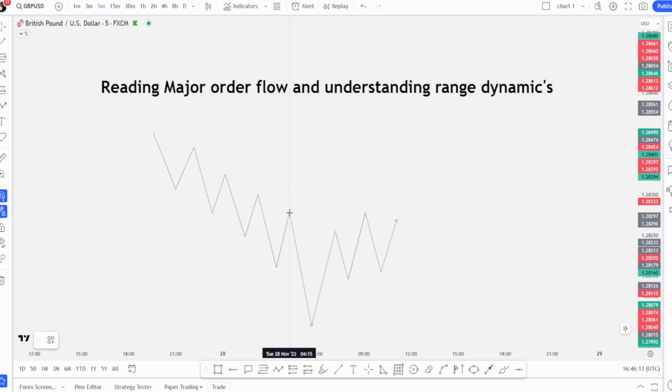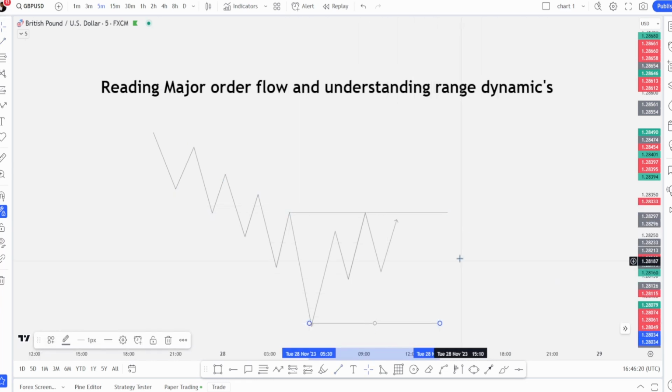The reason I say this is because people skim read the 5-minute order flow rather than reading it with true depth and understanding, looking at the individual range, working out how their traits and their overall principles are affecting given aspects of the market.